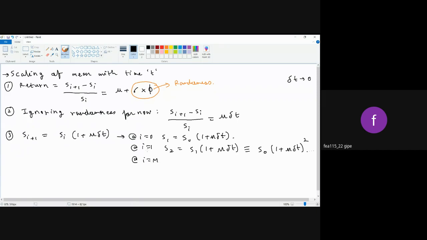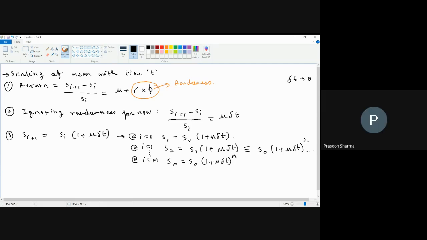Imagine that these are my time steps. 0 was the first step, then I have 1, and similarly, I'm generalizing this to m steps. So there'll be multiple things in between, and i equal to m. Can I write this as Sm equal to S0 into (1 plus mu delta t) raised to m? Everyone with me up to this point? Any questions?